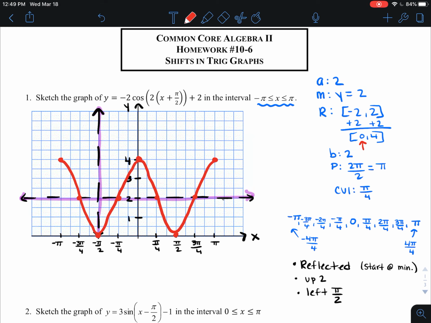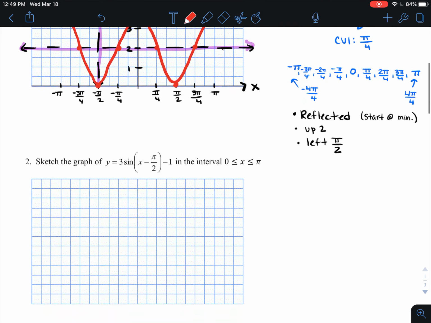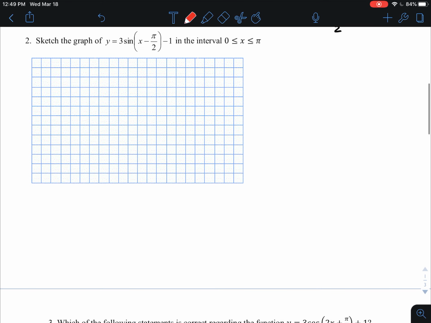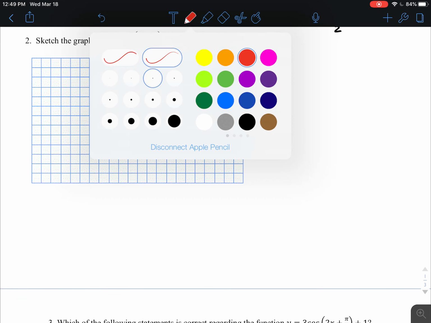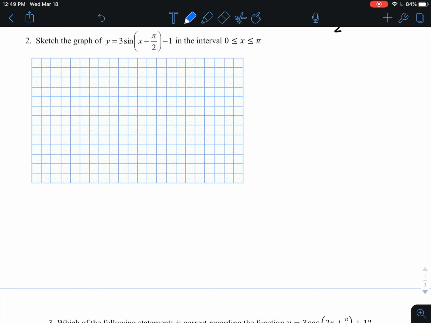Okay, let's take a look at the second graph. For this curve, we're plotting sine. The amplitude is 3. There is a midline shift of y equals negative 1. So that's my midline. My range, instead of being from negative 3 to 3, we're going down 1 from that.